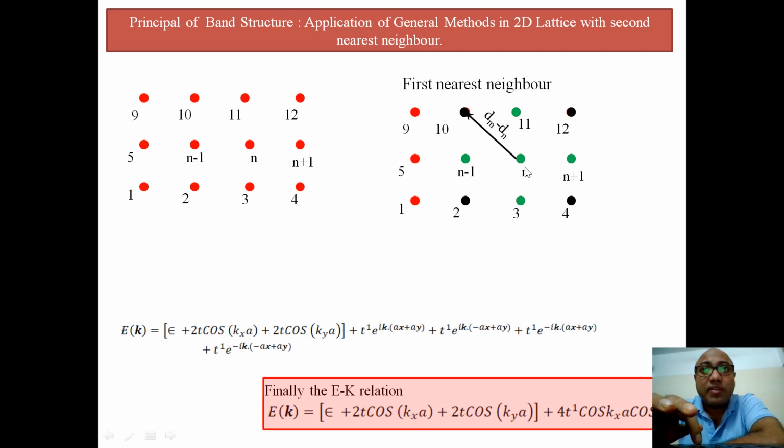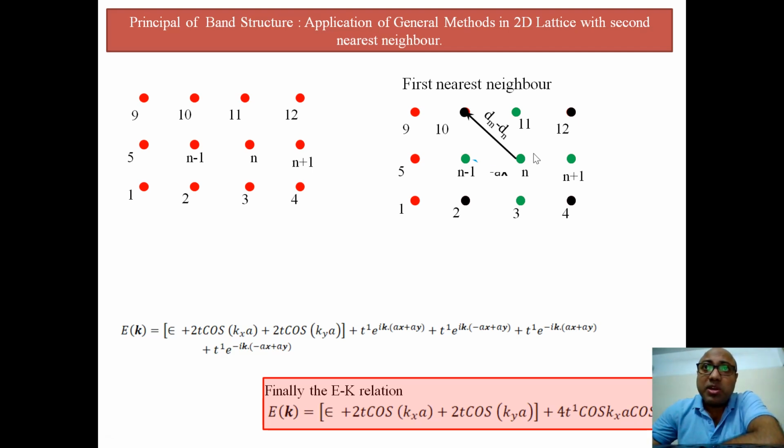Remember, in this case I am not drawing any origin, as I told you, the origin could be an arbitrary position. The only thing that matters is dm minus dn. This is the nth position and this is the mth position. So what is the value of dm minus dn? That we have to calculate.